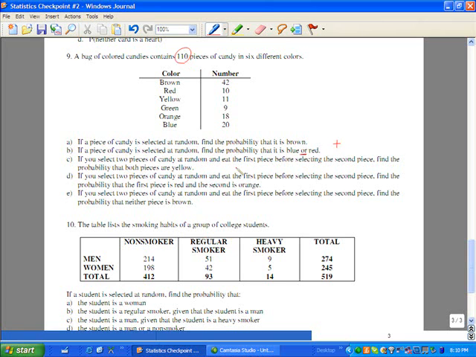You select 2 pieces of candy, you eat the first one. Okay, that's changing the sample space. Be careful. What is the probability both pieces are yellow? That's the same as saying, what's the probability that the first one is yellow and the second one is yellow? So this is an and problem. That's going to imply that you're going to multiply.